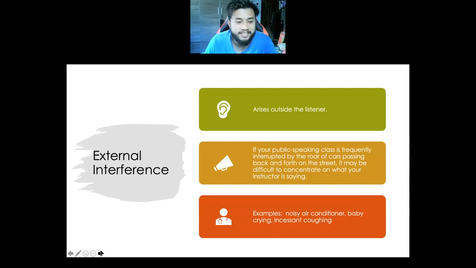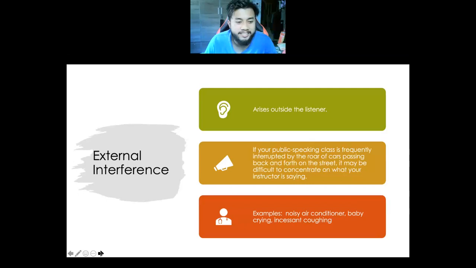Okay. The first thing is external interference. What is external? Luaran, yeah, it's luaran or outside. Something not coming from inside. What are some of the types of external interference?